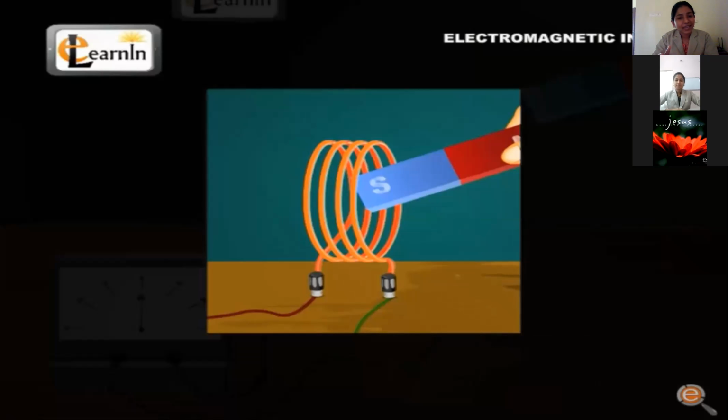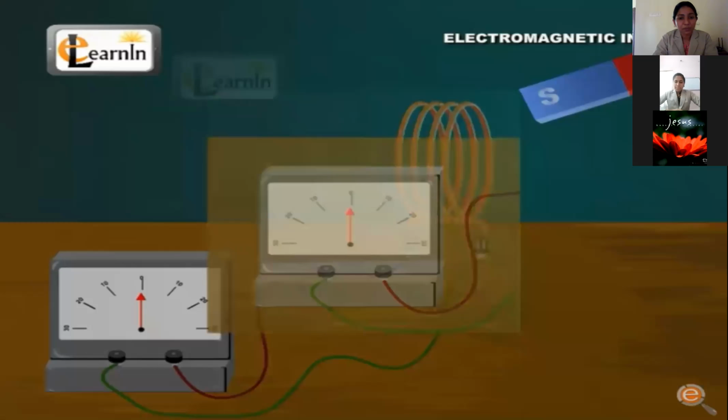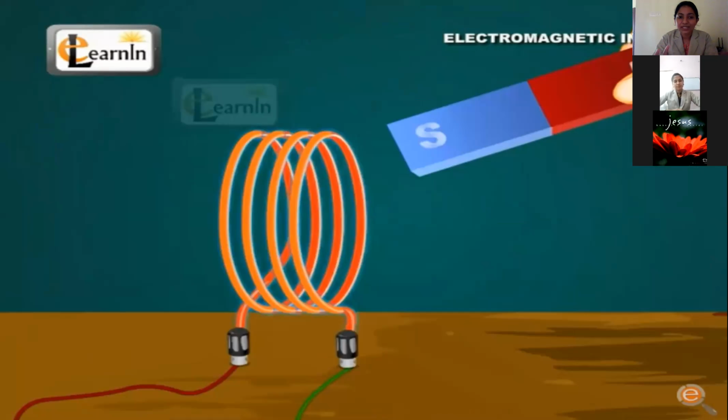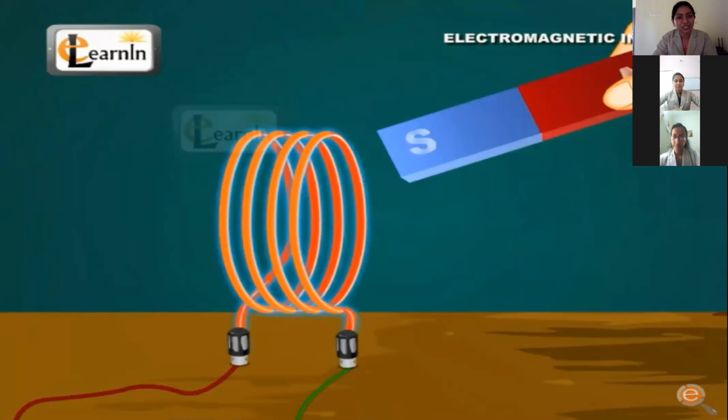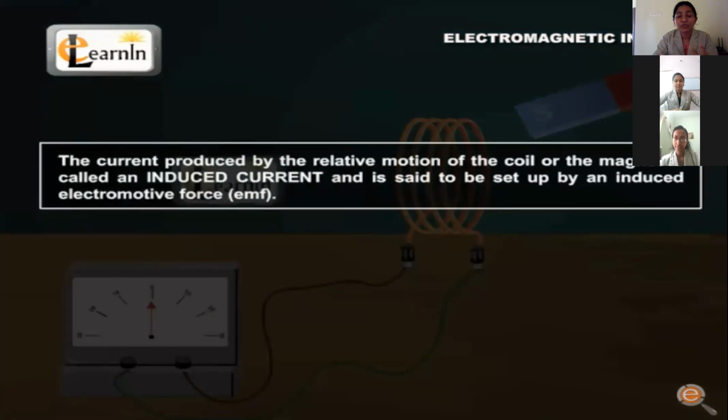By repeating this experiment with the magnet kept stationary, we observed that the galvanometer does not deflect. But when the coil moves, the galvanometer gets deflected.